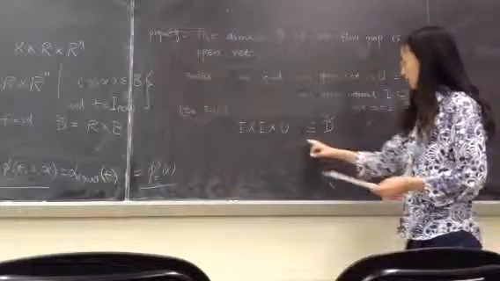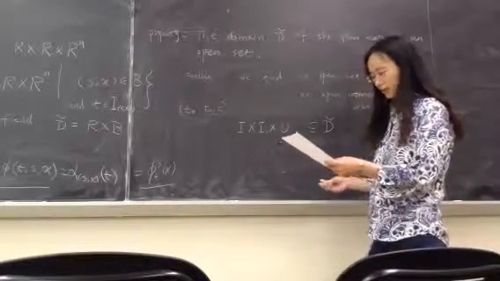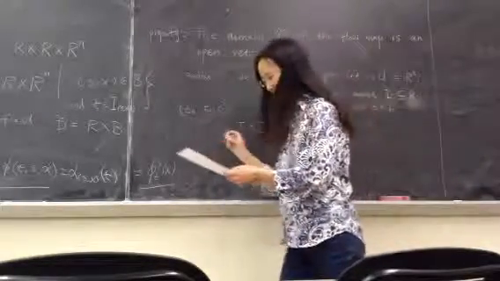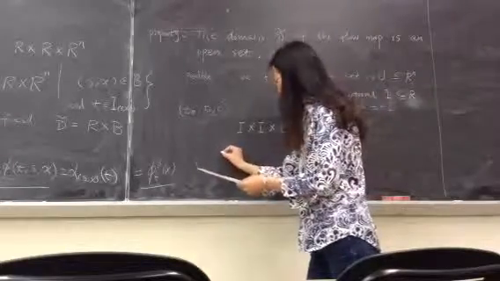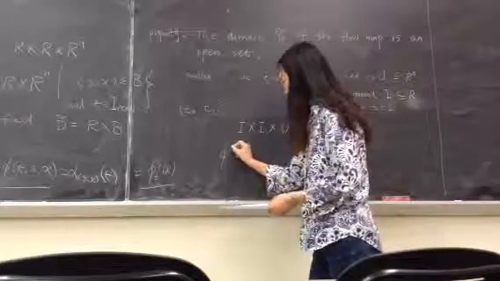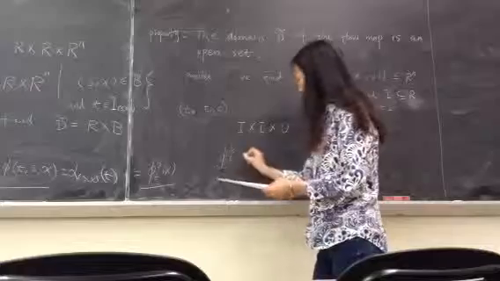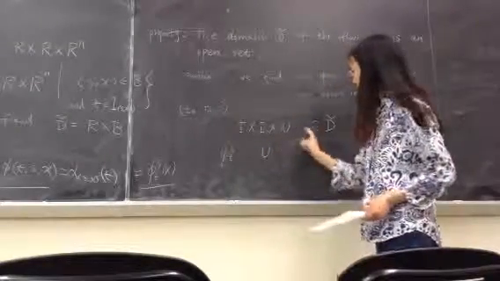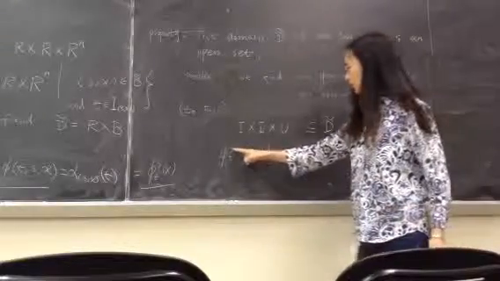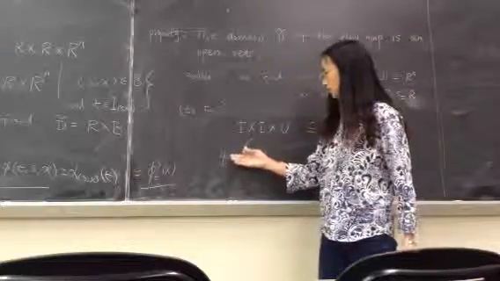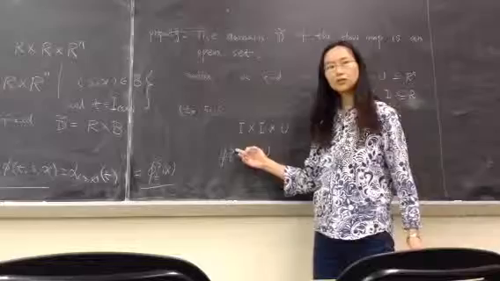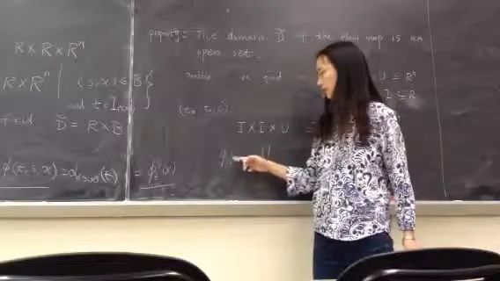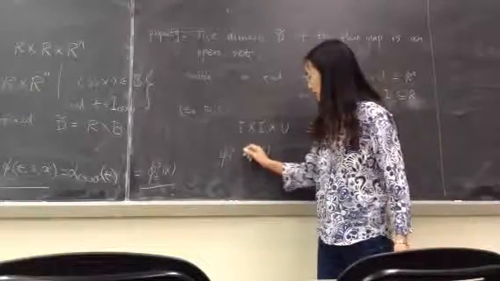Okay, so on this subset, we look at the map again. Suppose you view this as a multi-parameter family.